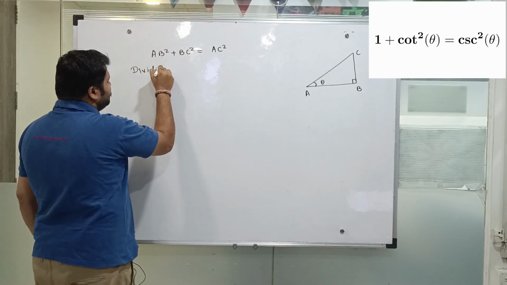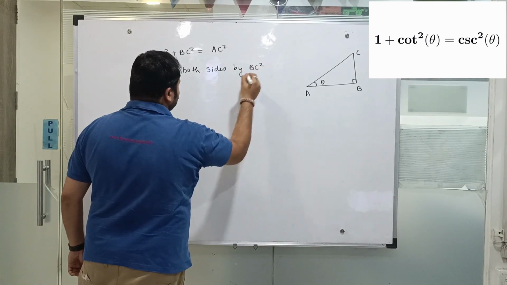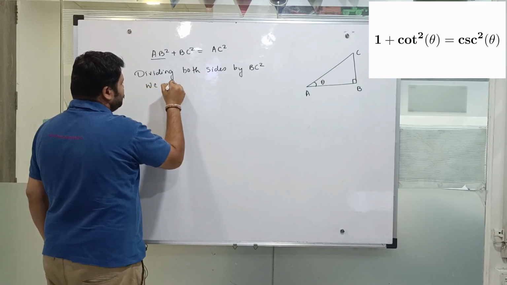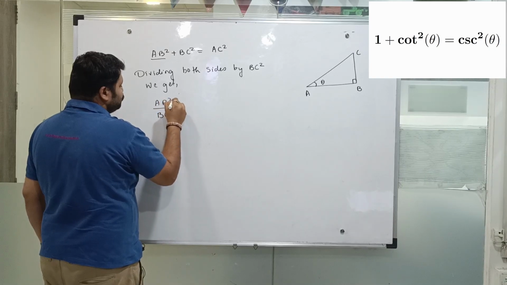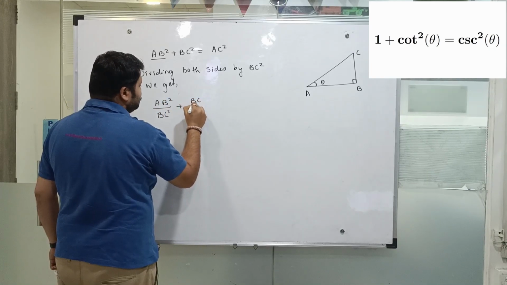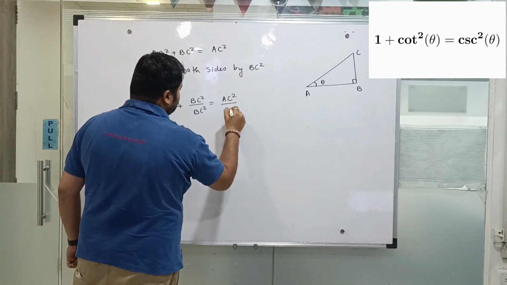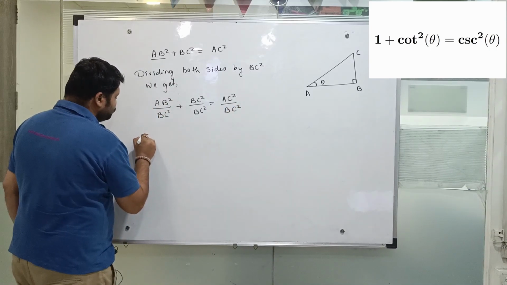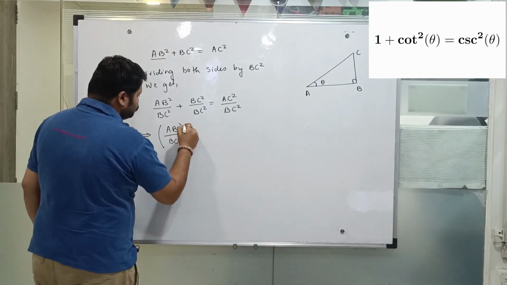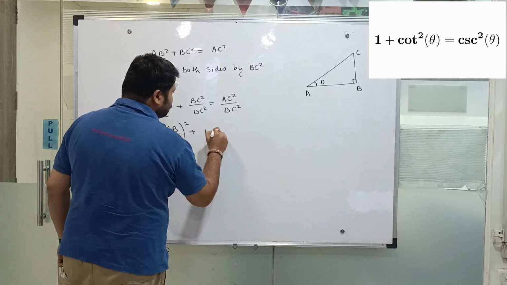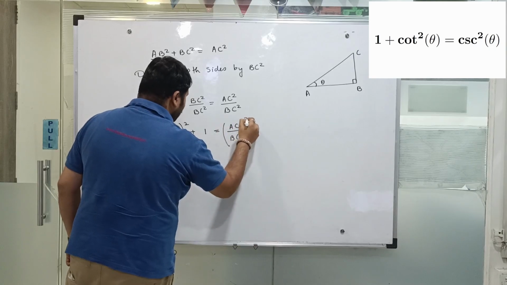So dividing both sides by BC square, we get AB square upon BC square plus BC square upon BC square is equal to AC square upon BC square. Now this would further give me AB upon BC whole square plus 1 is equal to AC upon BC whole square.